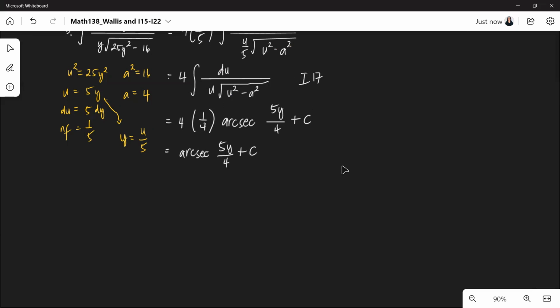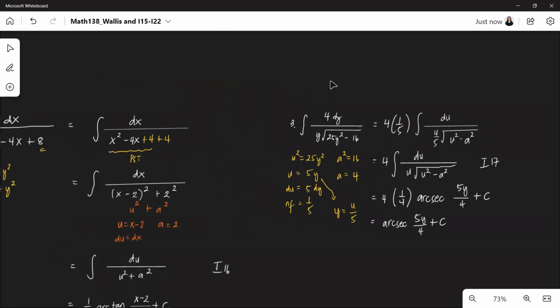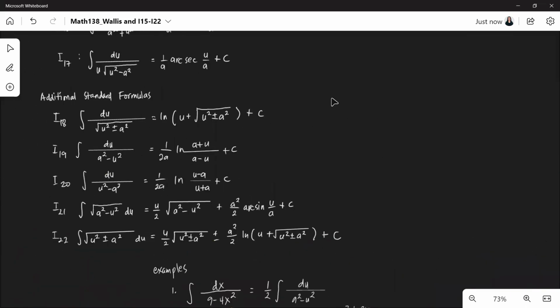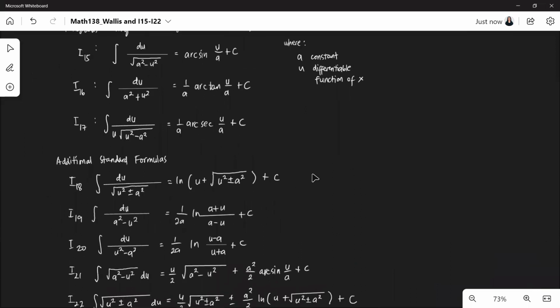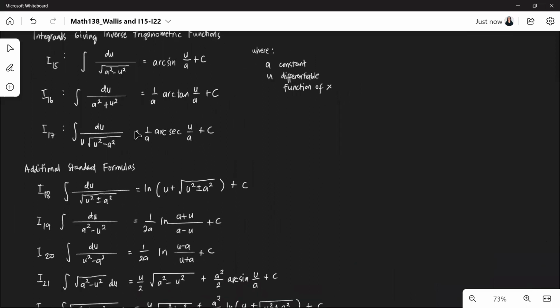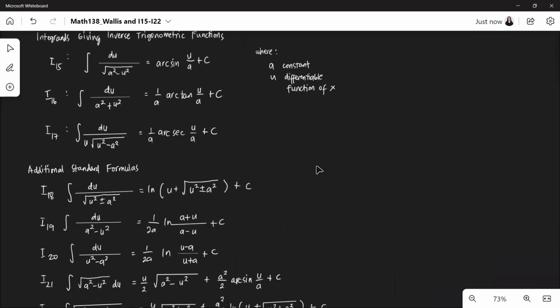All right, so that's the special set of formulas. Later on, when we go to the other methods of solving integrals, wherein we cannot simply use these formulas, we will compare our answers.